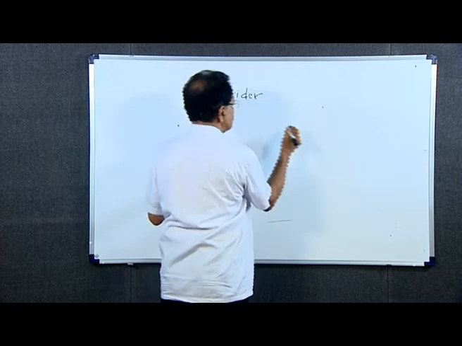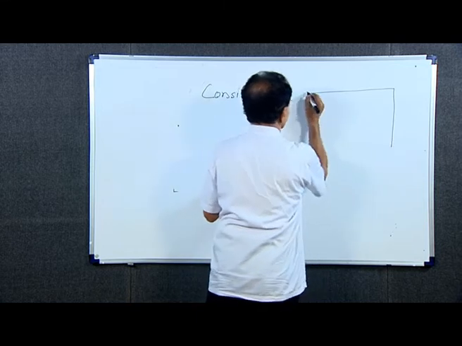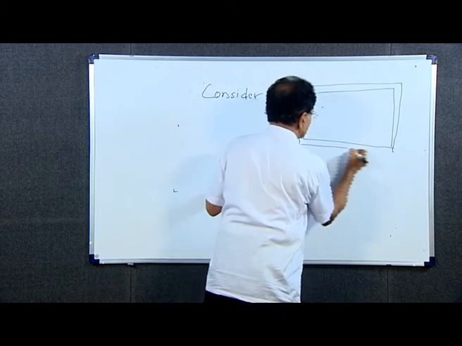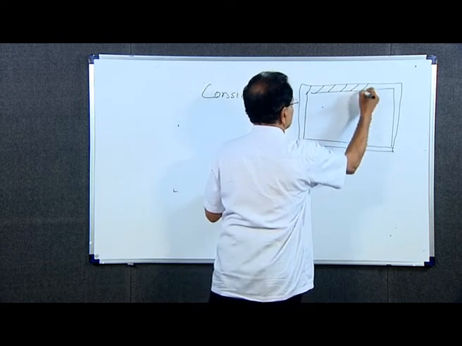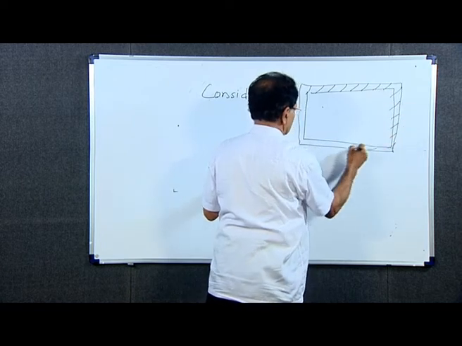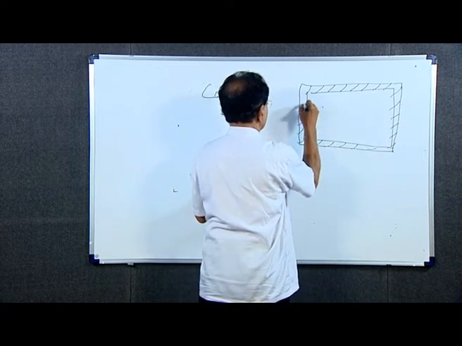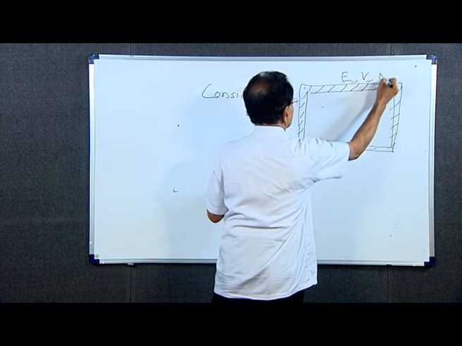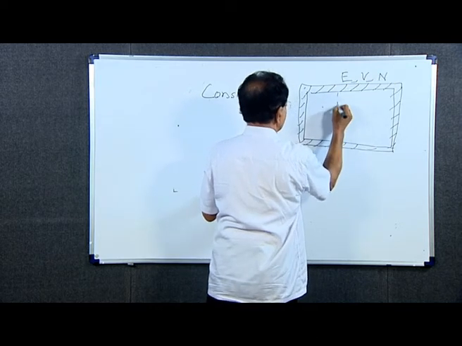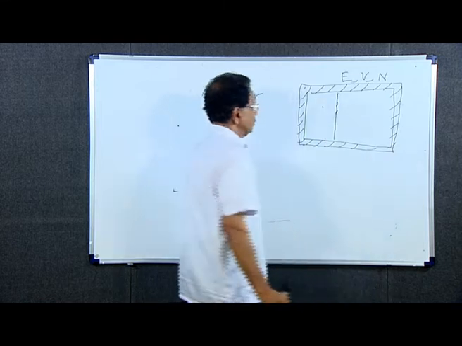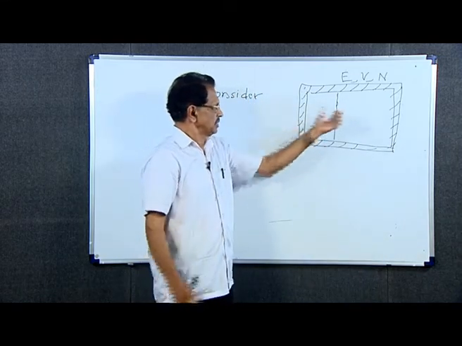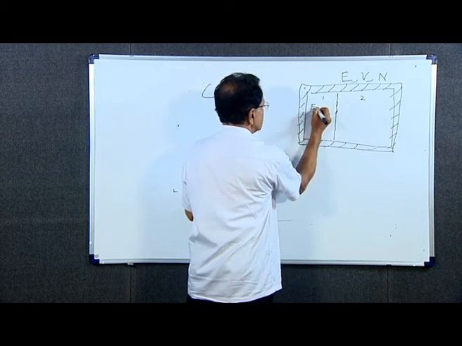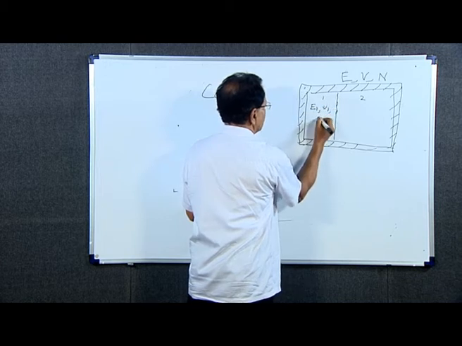Consider an isolated system which is in equilibrium. Macroscopic parameters are energy E, V and N. Let us consider it as two subsystems, 1 and 2, and their parameters are E1, V1 and N1.